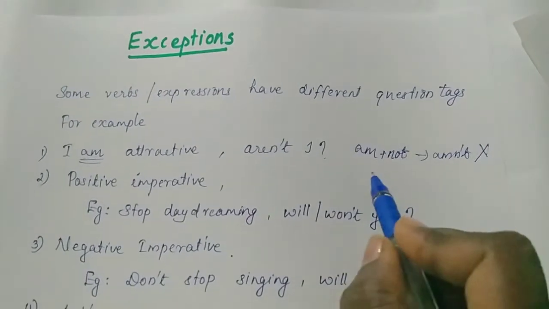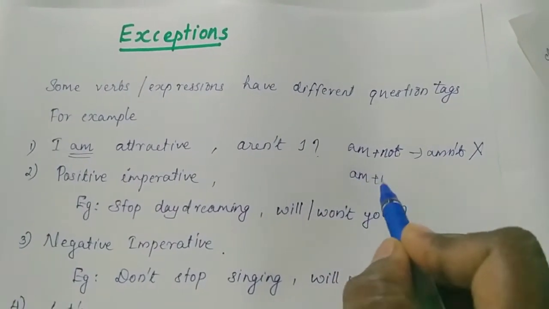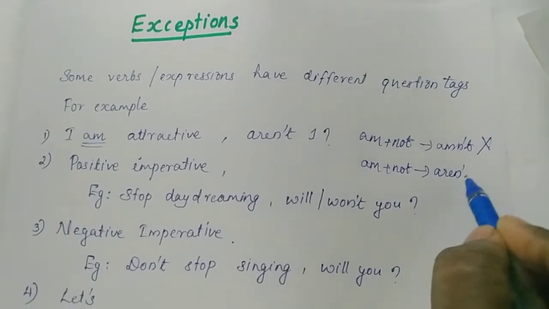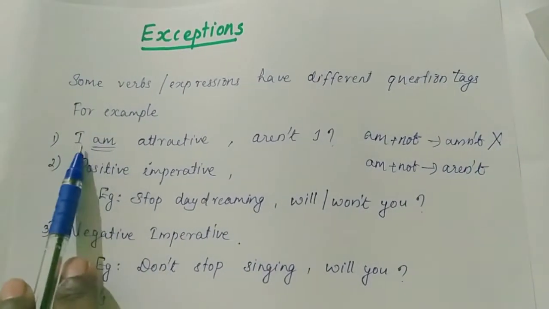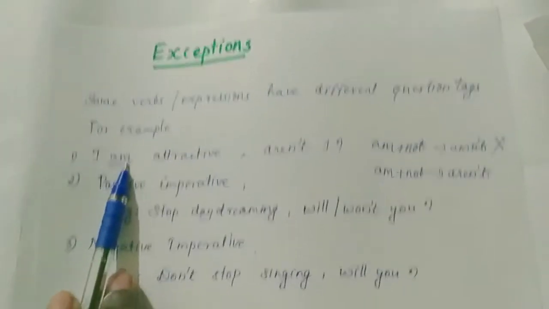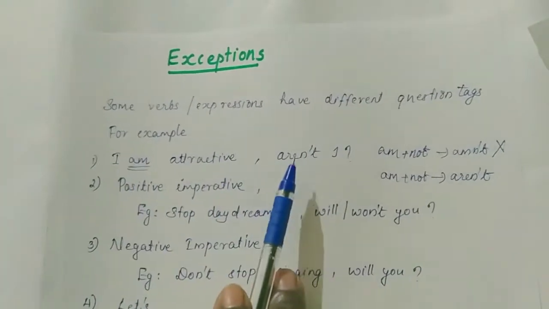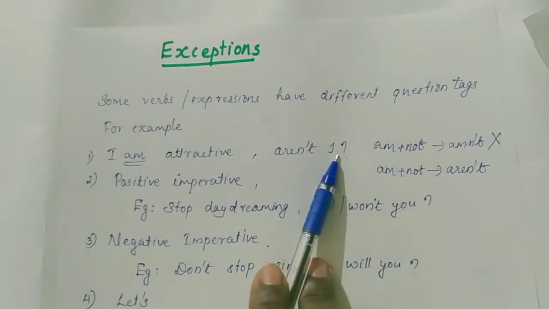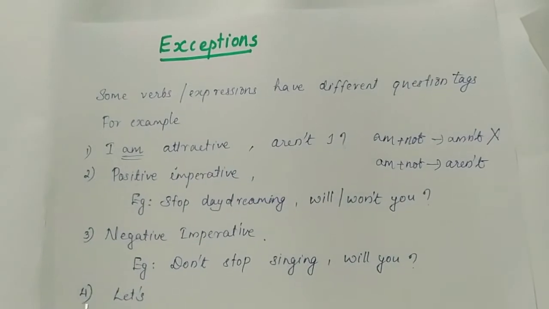So am plus not, what is the correct answer? Aren't. So if the auxiliary form in the sentence is am and it is positive, we should write the question tag aren't I. This is one exception.